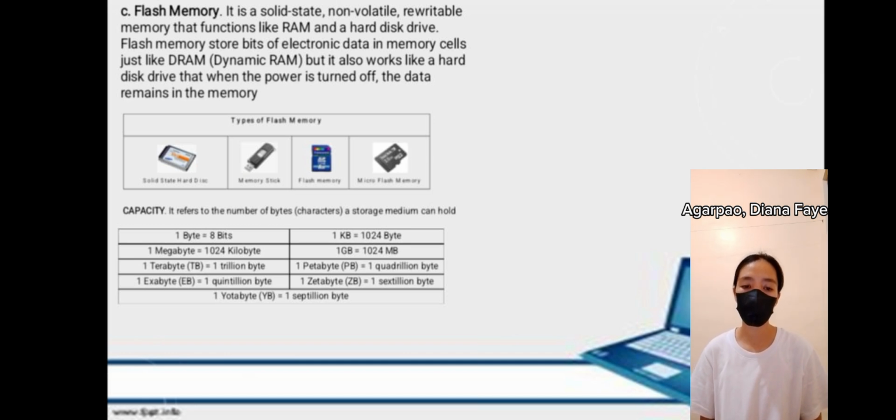Flash memory stores bits of electronic data in memory cells just like dynamic RAM, but it also works like a hard disk drive in that when the power is turned off, the data remains in the memory. Flash memory cards and flash memory sticks are examples of flash memory.